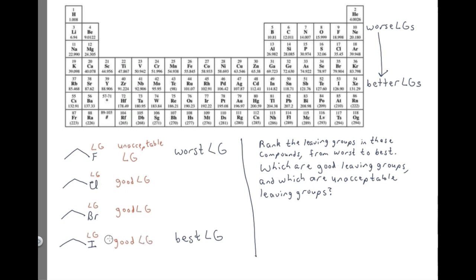But of course, when you're comparing them, bromine is a better leaving group than chlorine, and iodide is an even better leaving group than bromine. So of these good leaving groups, chlorine is the least good of the good leaving groups, and iodide is the best of those three good leaving groups.